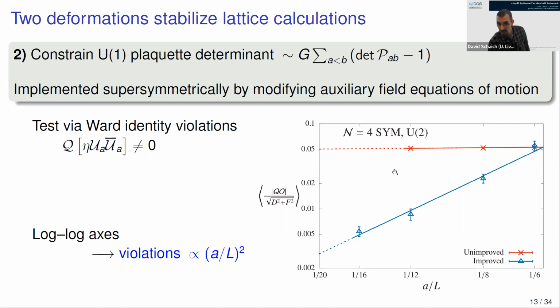So the red points in this plot, which are again looking at violations of that same supersymmetric Ward identity, are what we would get with another naive supersymmetry breaking potential to regulate zero modes and flat directions in the U(1) sector. This plot is on log-log axes, and these red points are, in fact, extrapolating to 0 in the continuum limit.